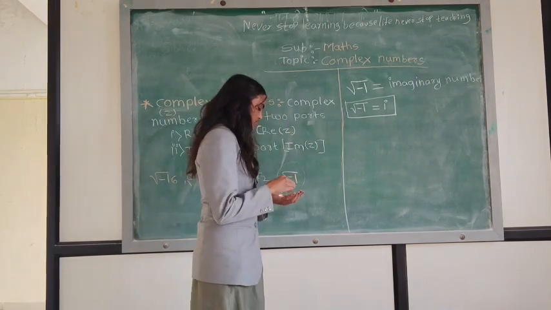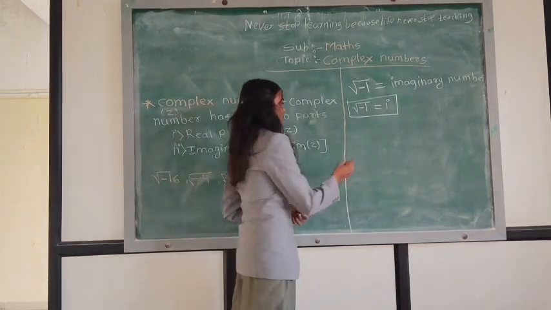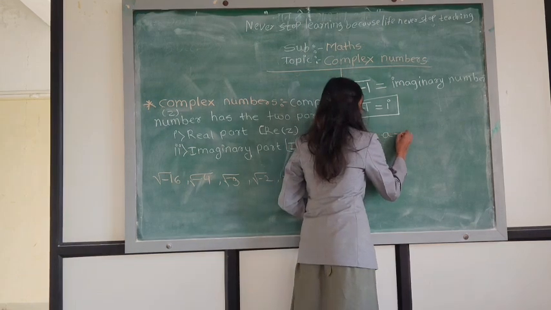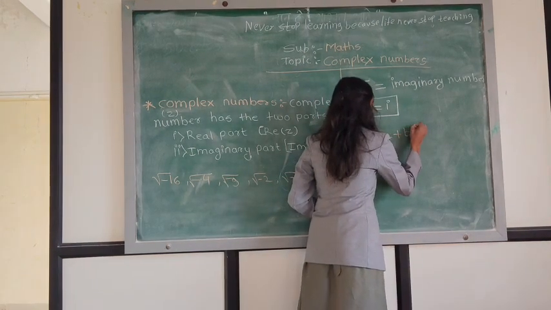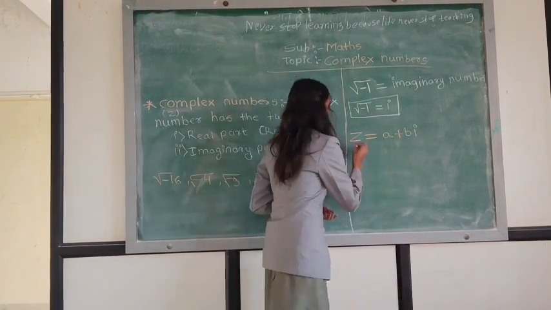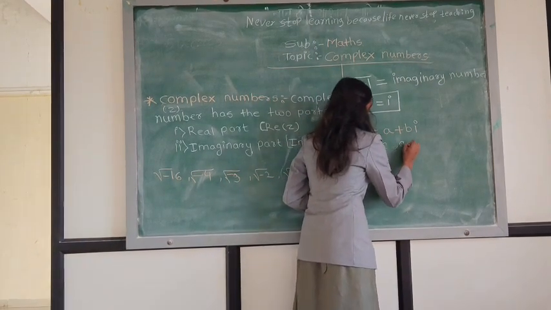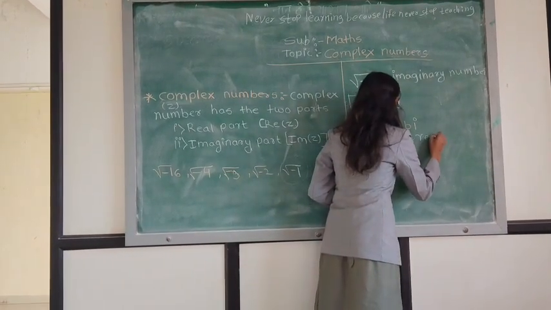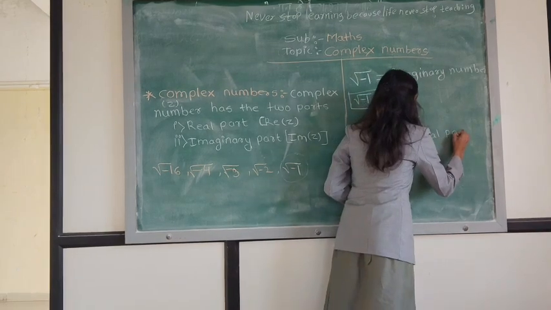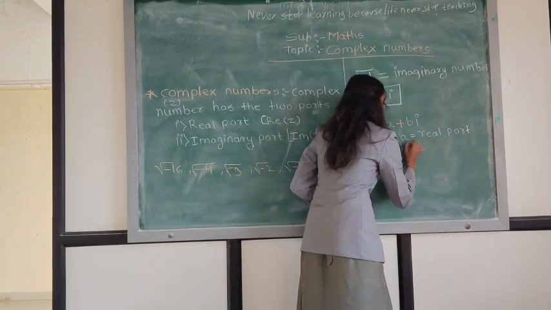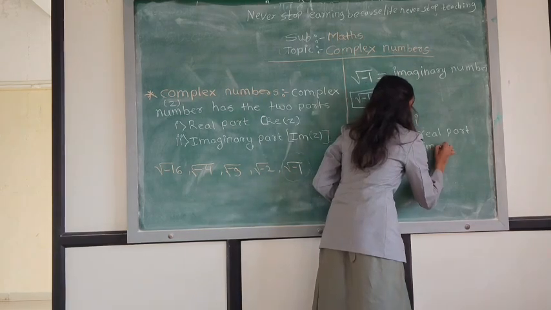Okay. And we denote the complex number by the letter Z equal to a plus bi, where a is the real part and bi is the imaginary part.